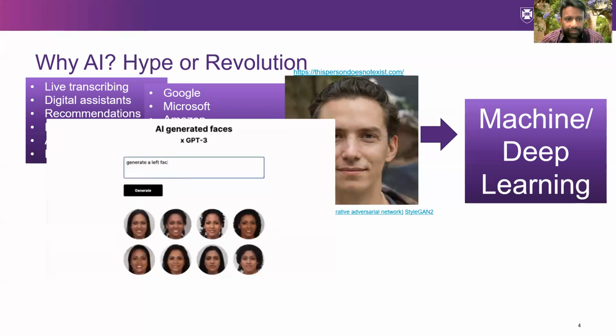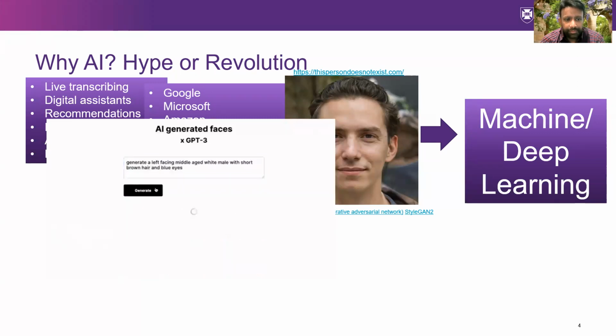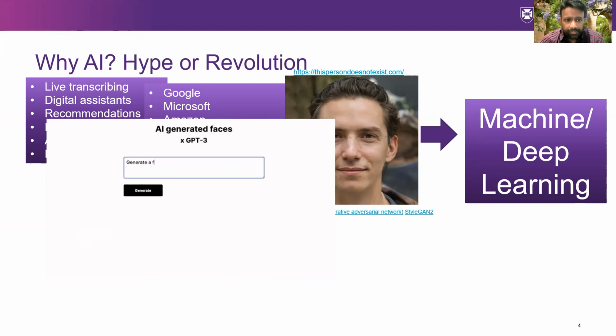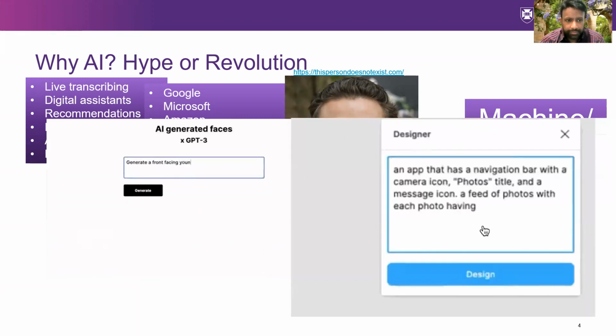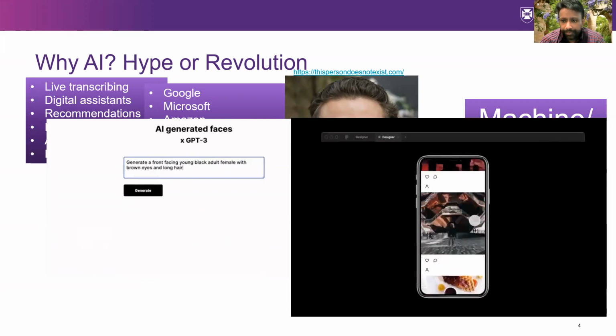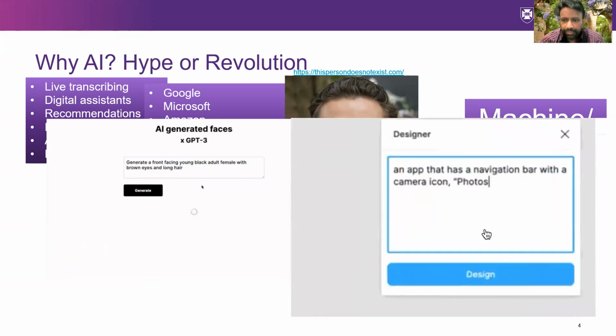So here are some other examples of such things. You can have these AI technologies learn the relationships between text and images. And there's an example there, and it goes on to show some other examples. But also, you can use it to put things into the designer, and the designer will generate something for you.